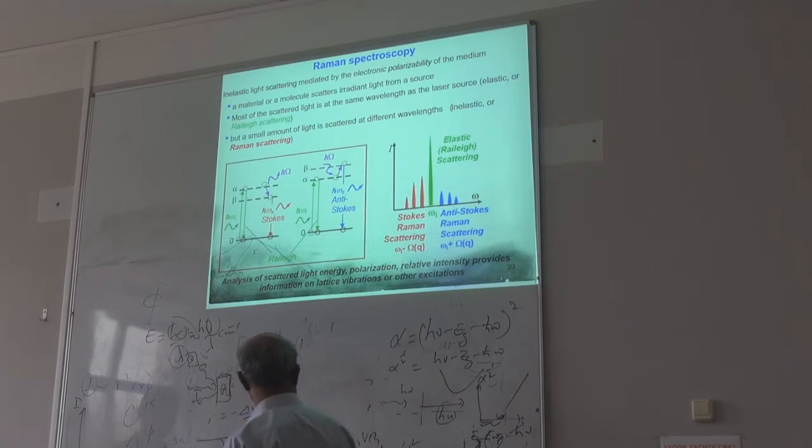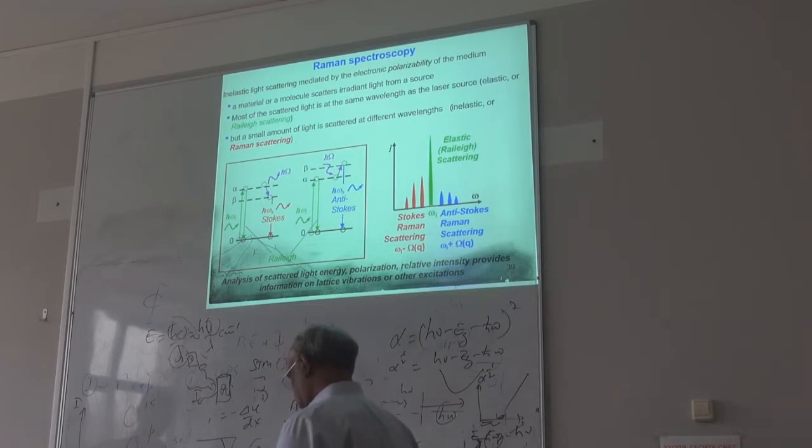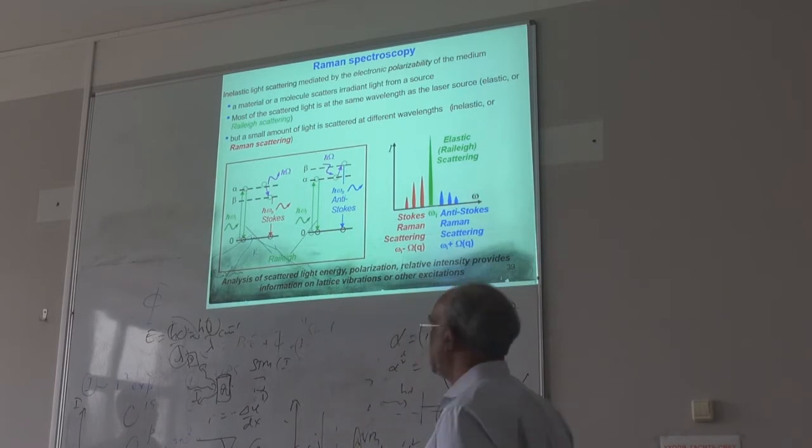Typically you are seeing some Raman features like that, Stokes, but the anti-Stokes one is very weak, so that's very hard to see. People only look at the Stokes ones. But if you measure anti-Stokes, you can get the temperature and things like that.